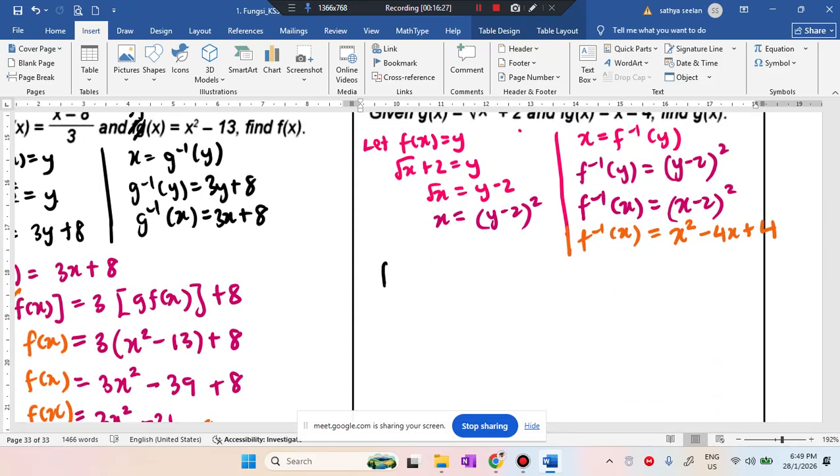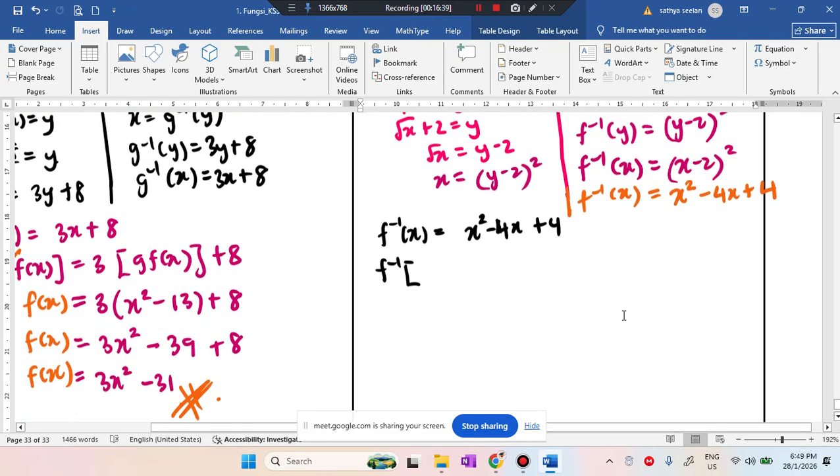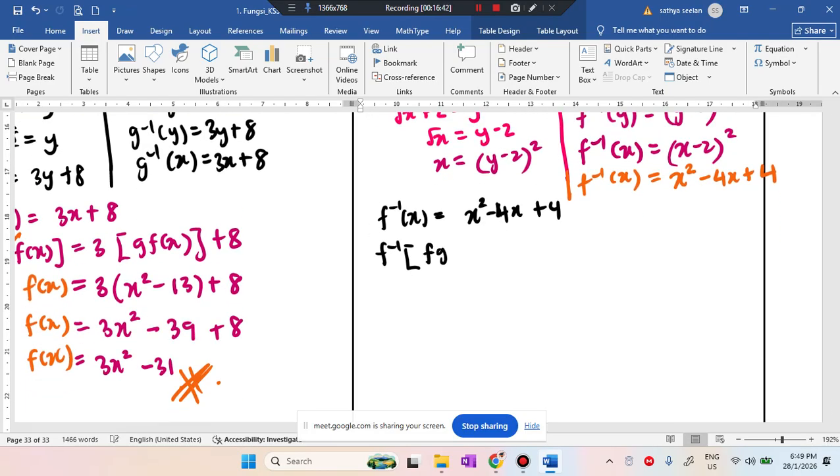Maksudnya, FGX square minus 4 FGX. Jangan terus ganti tau. You ganti dengan FGX, you make sure you tulis dulu in terms of definition of function. Okay? Right. Plus 4. Okay, baru you ganti apa itu? FGX. Jangan terus masuk. Okay?